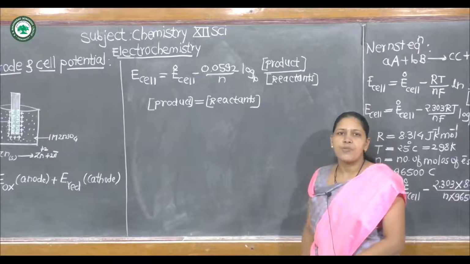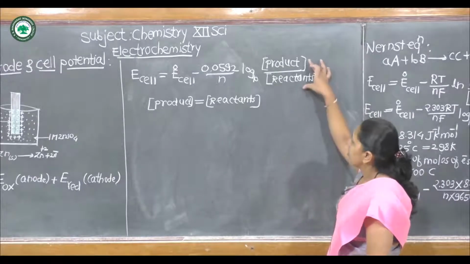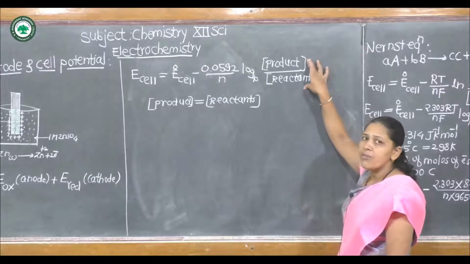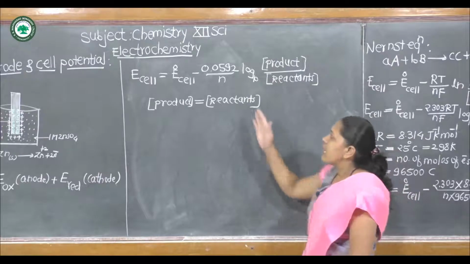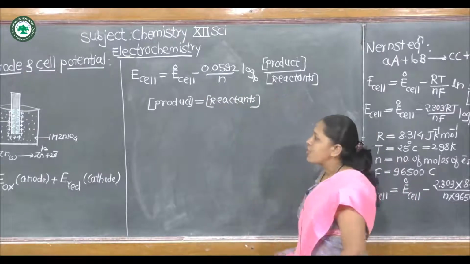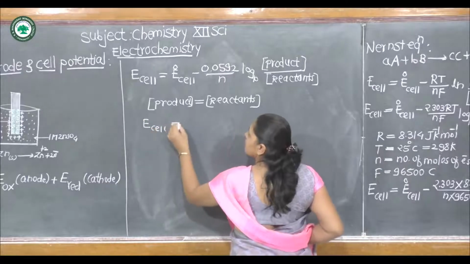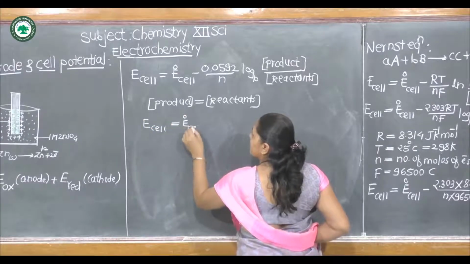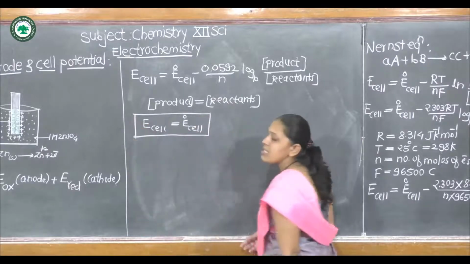If concentration of product and concentration of reactant is the same, then this term will be 1, and log of 1 is equal to 0, then this term becomes 0, then E cell is equal to E0 cell.